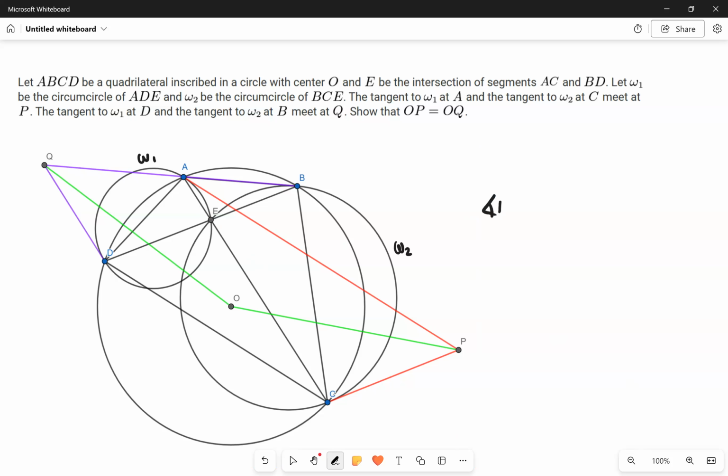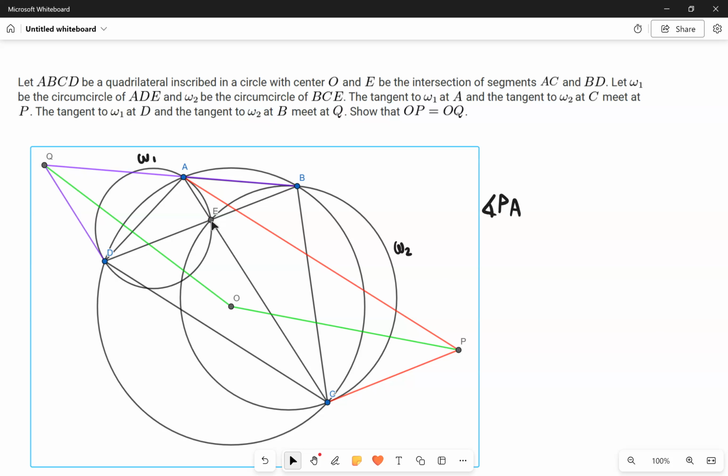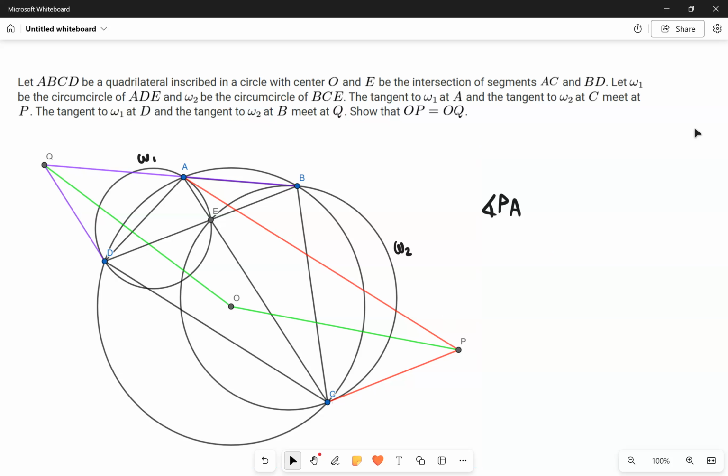So we have the directed angle PA, and then we want PA something, where that something is either E or D. If that something is E, then it just extends to point C, and we can make that nice. So we have directed angle PAC is equal to directed angle PAE, which is equal to directed angle ADE, which is equal to directed angle ADB.